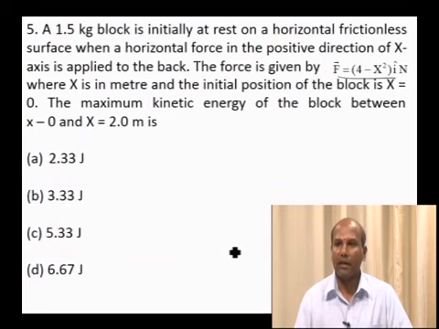Find the maximum kinetic energy of the block between x equal to 0 and x equal to 2 meters, which is where it gets displaced in the whole process. So we need to calculate the energy there. Option A is 2.33 joules, option B 3.33 joules, option C 5.33 joules, option D 6.67 joules.